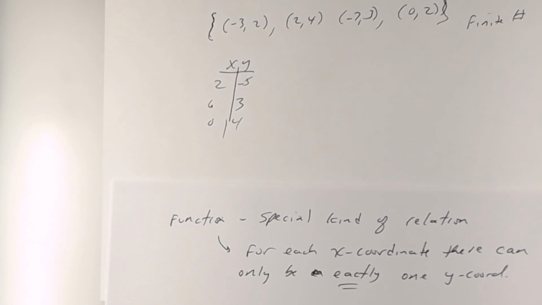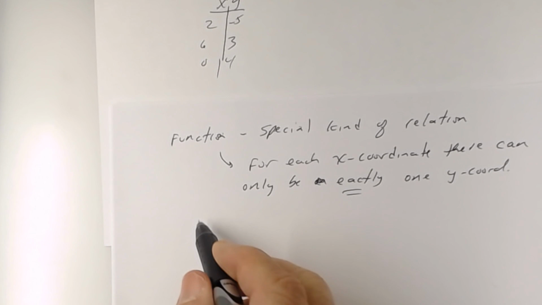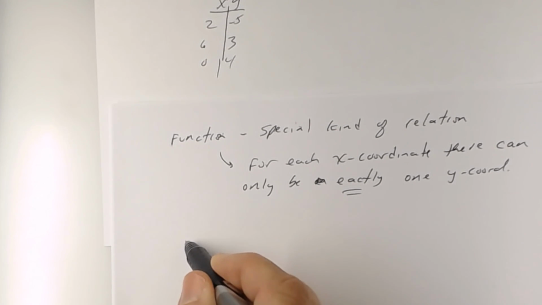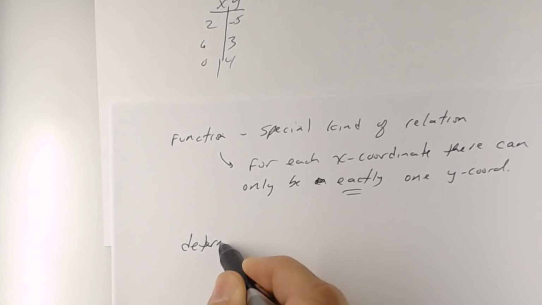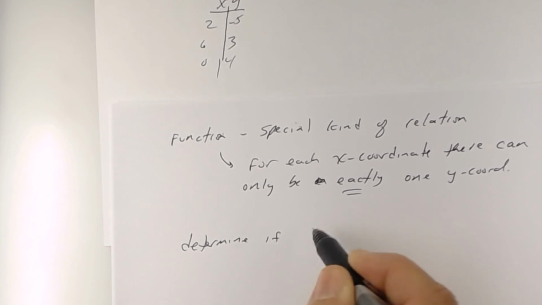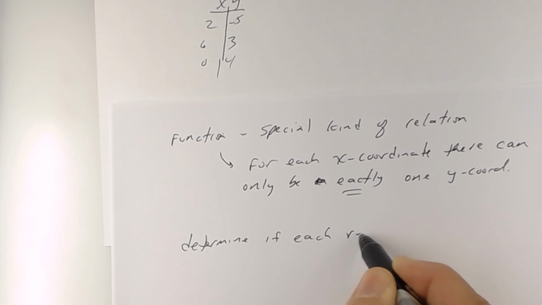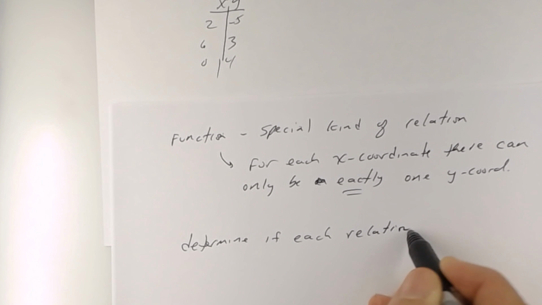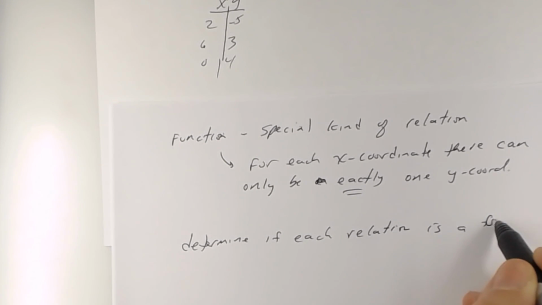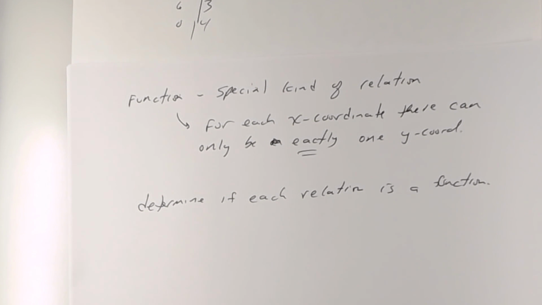Okay? So let's look at this definition in terms of finite sets for right now. Determine if each relation is a function. Again, we're going to look at only the finite set for right now.